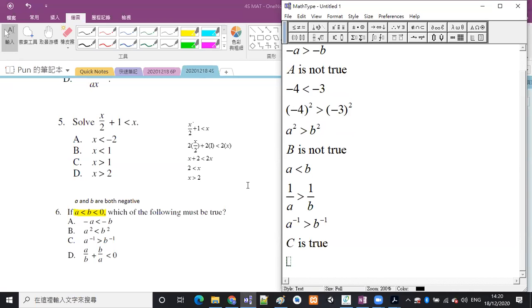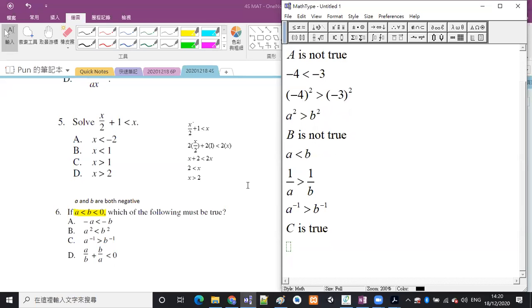Look at option D. We have A over B plus B over A. So what can we do here? We can actually merge them together. It's A squared over AB plus B squared over AB, right?